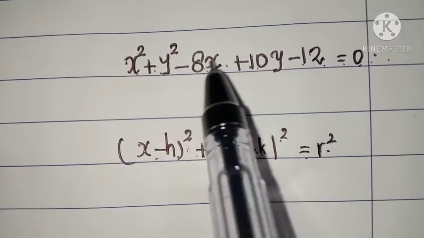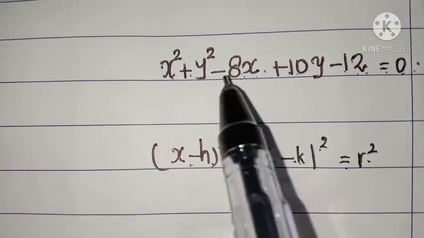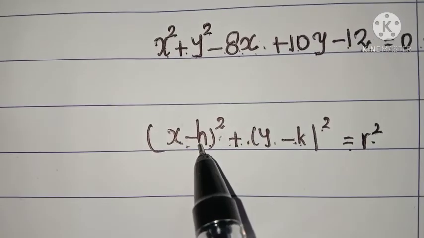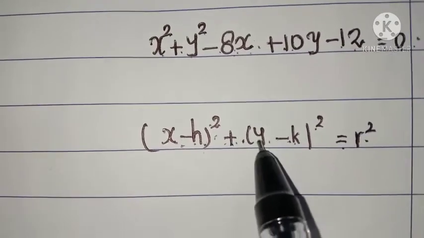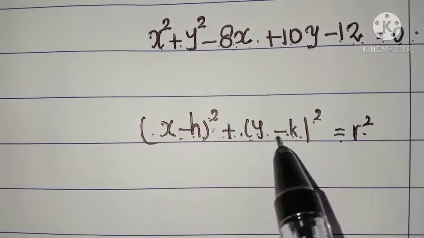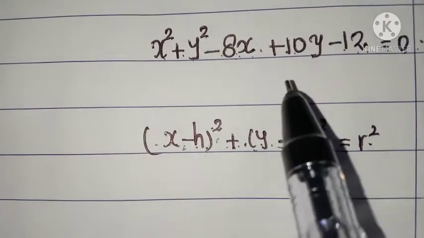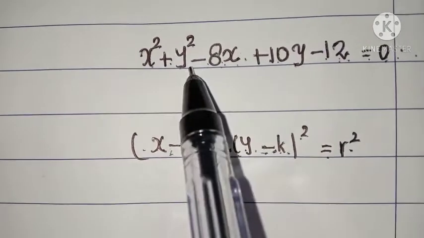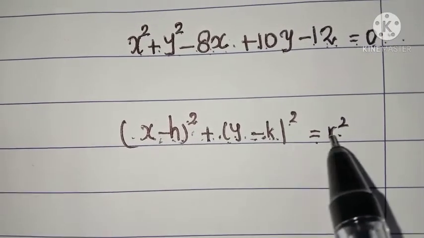Okay, now this is not in perfect square form. Perfect square means like this, x minus h the whole square, y minus k the whole square. This is the meaning of perfect squares. So we need to convert this equation into perfect squares form.